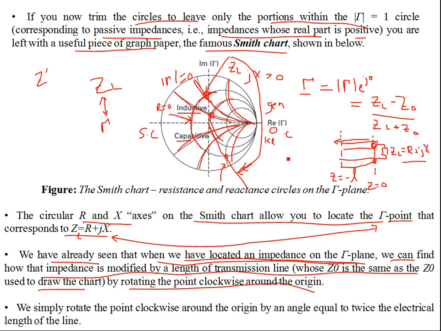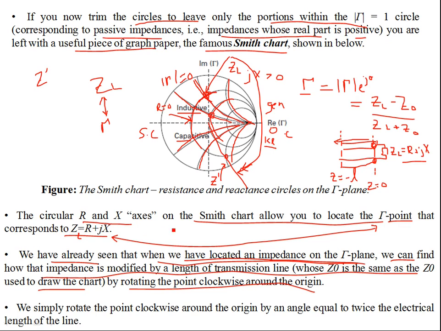Moving clockwise, you find the impedance Z prime. All the information you require is kl, and L is known because that's the physical length of the transmission line.